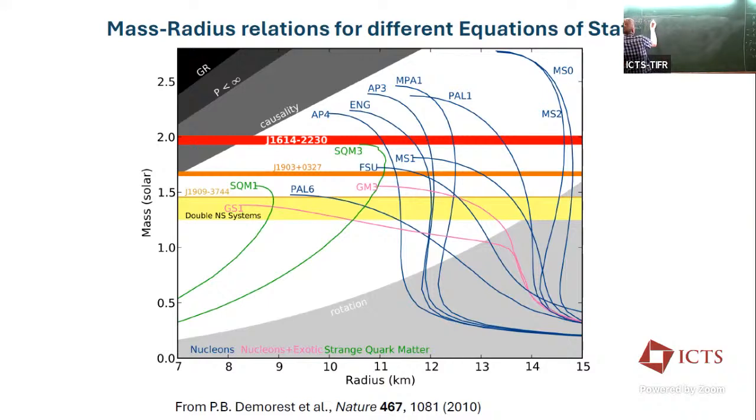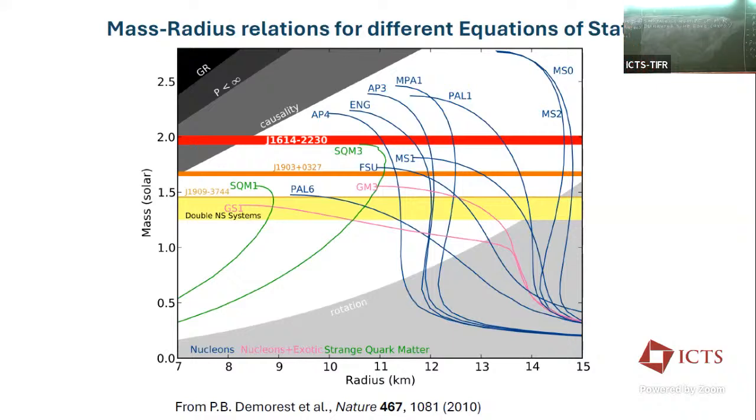So ideally, what you'd like to have is a simultaneous measure for a single object of both the mass and the radius, and that very quickly eliminates some EOSs. Unfortunately, that's a really hard thing to get, primarily because of the challenge of measuring the radius of a neutron star, which we can't do directly. We have to use indirect ways.